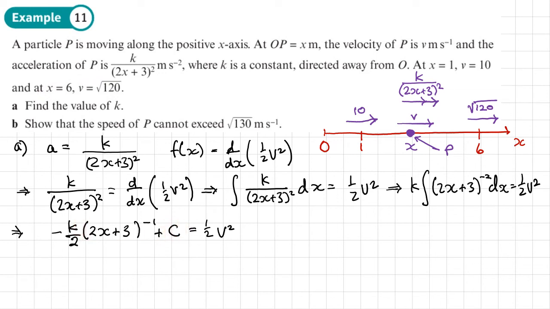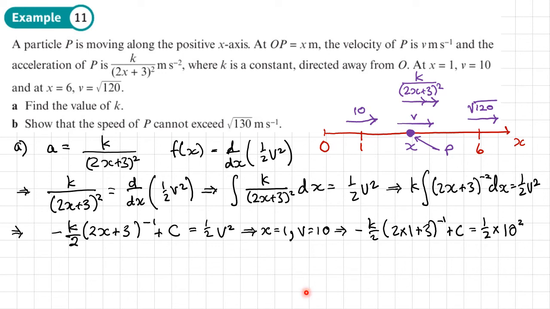So if we start by substituting in x equals 1 and v equals 10, what we'll have is -k/2 times (2 times 1 plus 3) to the power -1, plus c, is equal to half times 10 squared.